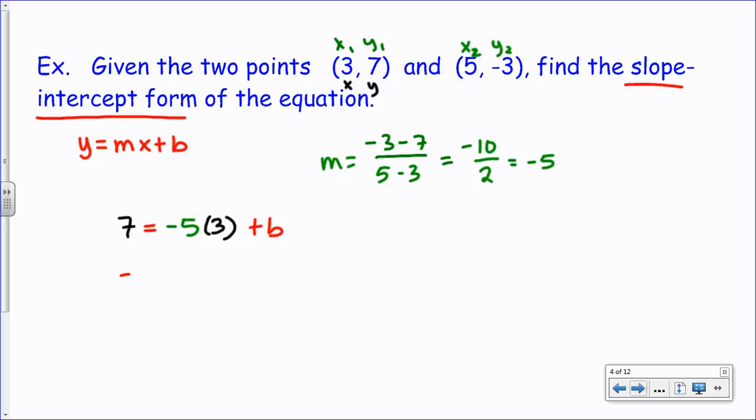Okay, so I get -15 plus b. Add 15, 22. And then write your equation. So go back and write the equation, only plugging in the numbers for m and b. So y and x, when you write an equation, always say y and x. So y equals -5x plus 22.